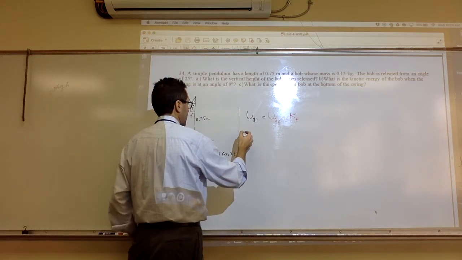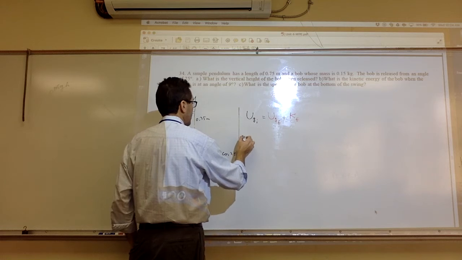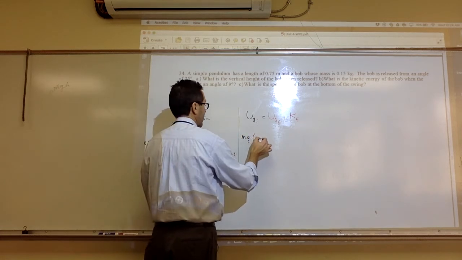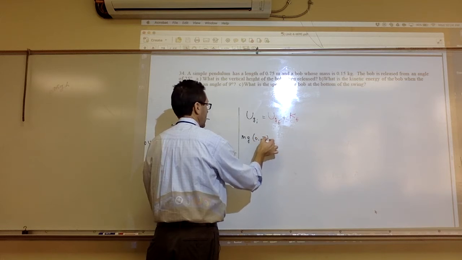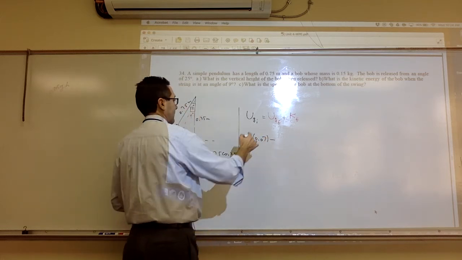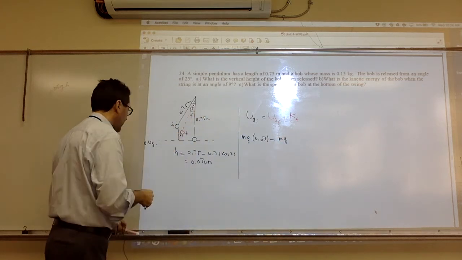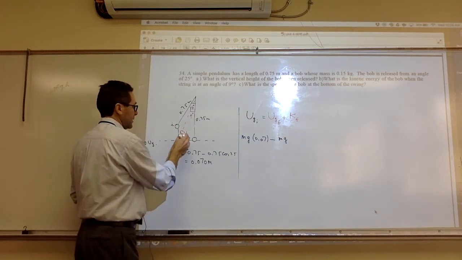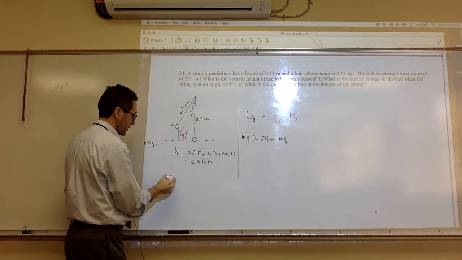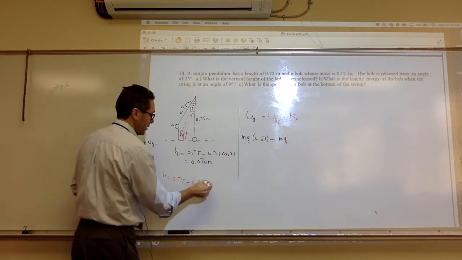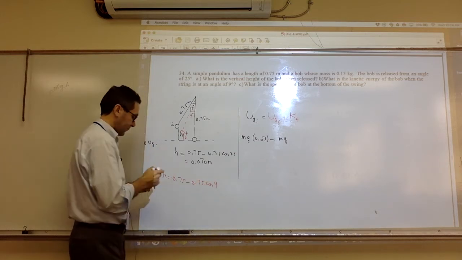So this is going to be mg times this h, 0.07, minus mg times this other height here, which is just going to be 0.75 minus 0.75 cosine of 9 degrees this time.